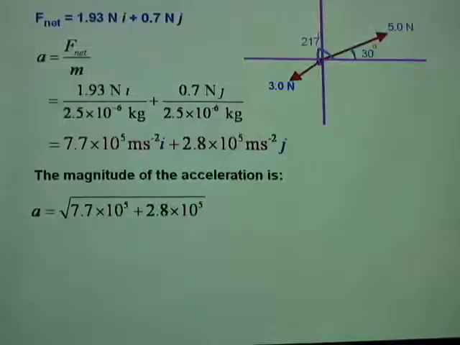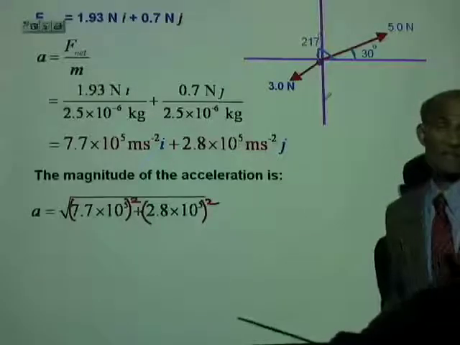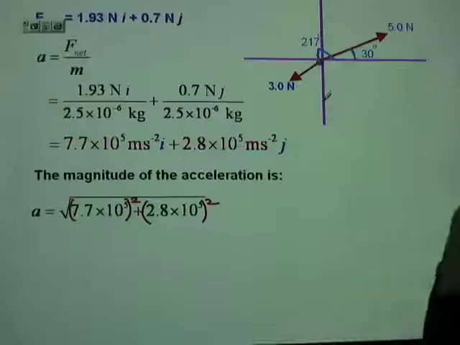So you need to square those quantities. It will be like this, 7.7 times 10 to the 5 squared plus 2.8 times 10 to the 5 squared. Alright, can you calculate that on your calculator?